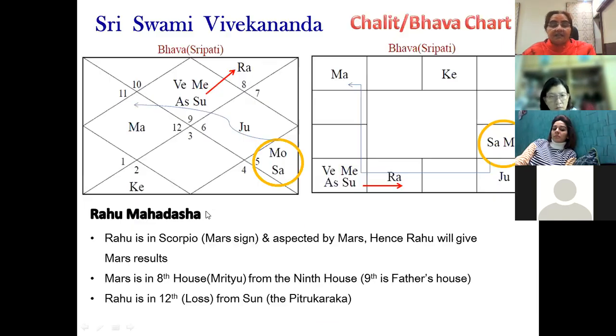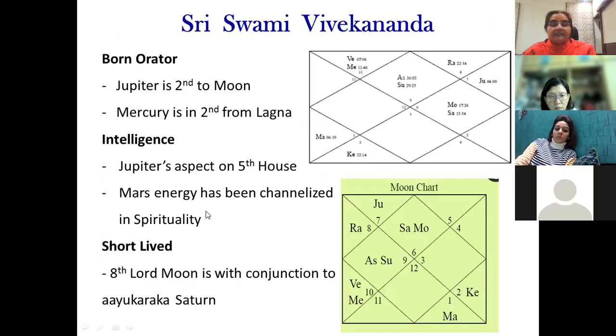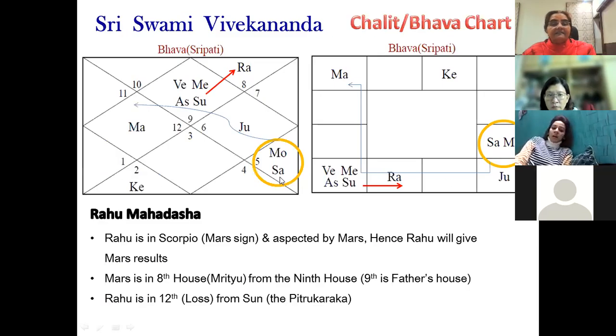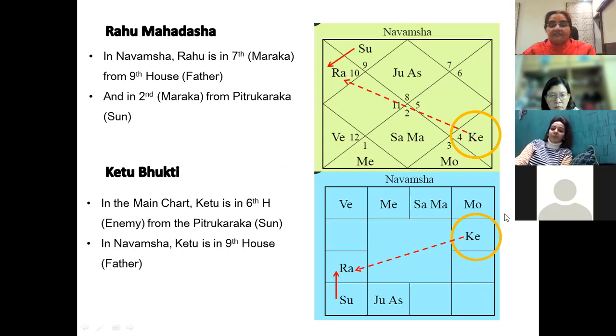So from the Lagna chart, it shows that Ketu is the enemy for father, and in the Navamsa chart, it is placed in the father's house. So in the Ketu Bhukti, this can happen. So this way he has nicely explained his father's death.